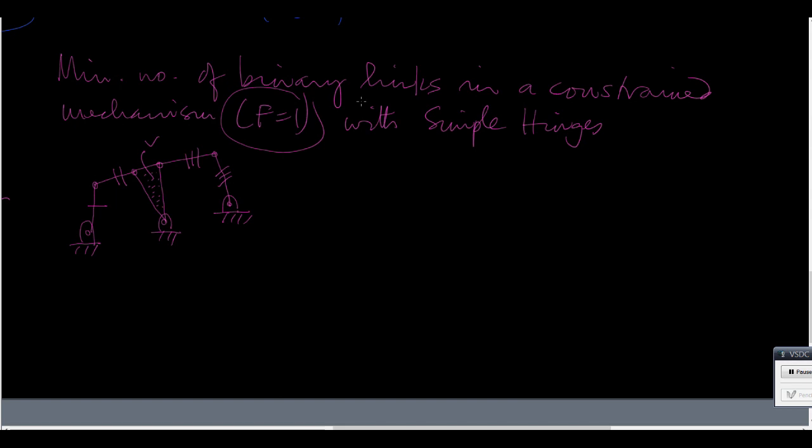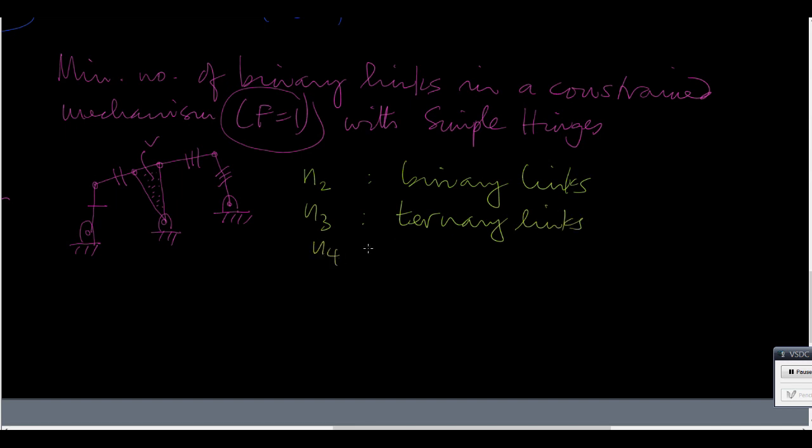And the way we do this is we say, let N2 be the number of binary links. Let N3 be the number of ternary links. Let N4 be the number of quaternary links.